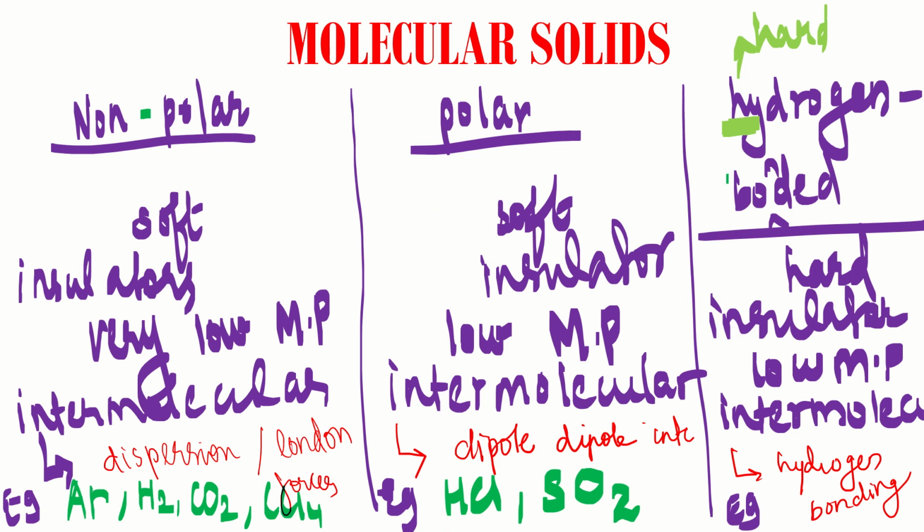Coming to hydrogen bonded, they are hard. They are also insulators. They have a low melting point. The intermolecular force is hydrogen bonding. An example is H2O, and this H2O is in the form of ice. This H2O is the one that exists as solid. Here we are studying solids, so everything should be taken as solid.